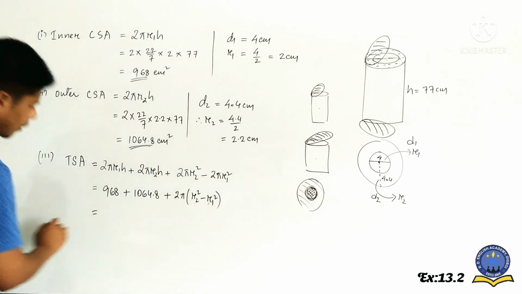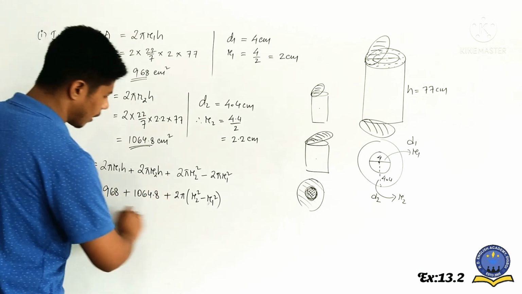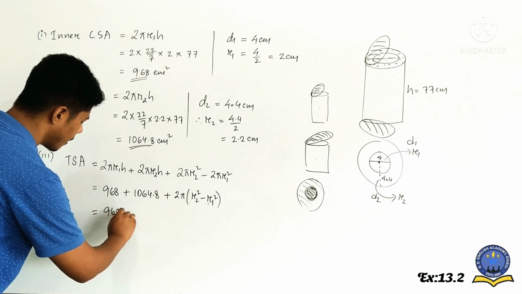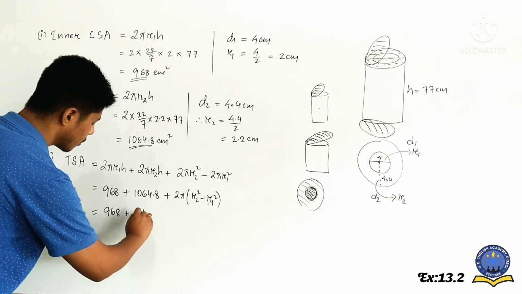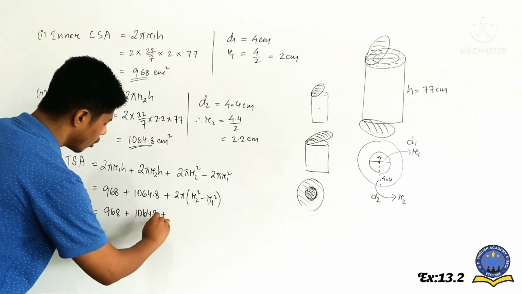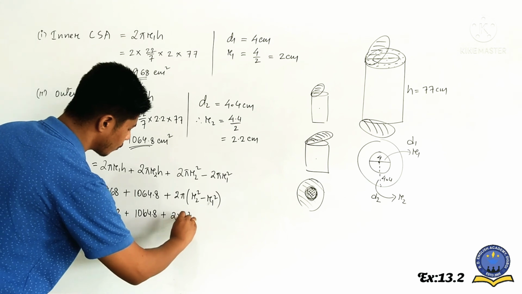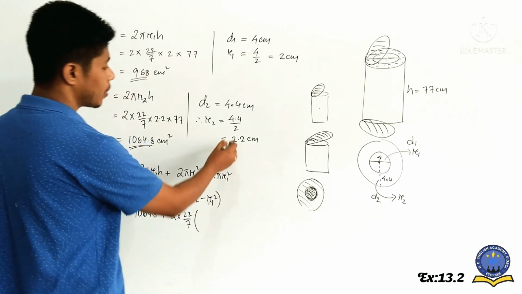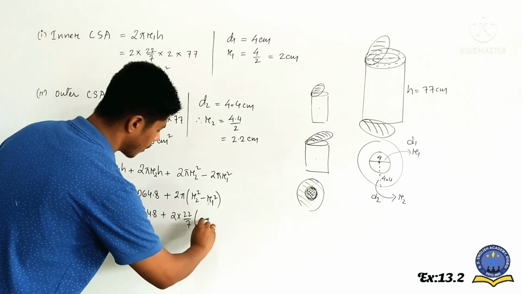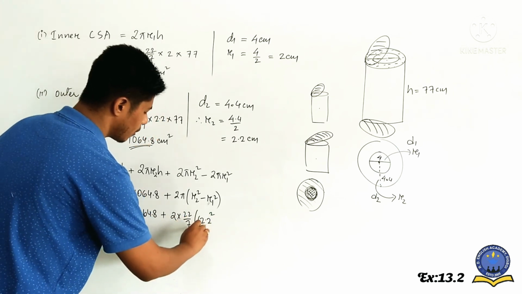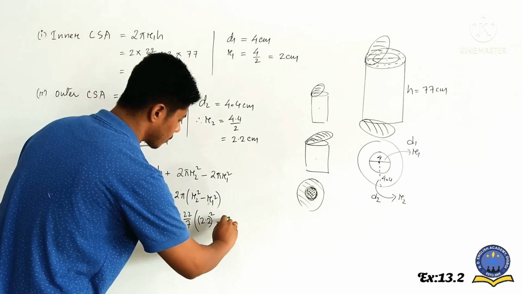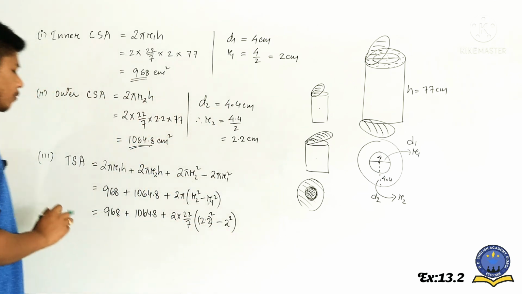So if we calculate the whole result: 968 plus 1064.8 plus 2 into pi, which means 22 by 7, and r2, the radius, is how much? 2.2, so that's why we write 2.2 whole square, isn't it? Minus r1, which means what? 2, so we write 2 square.